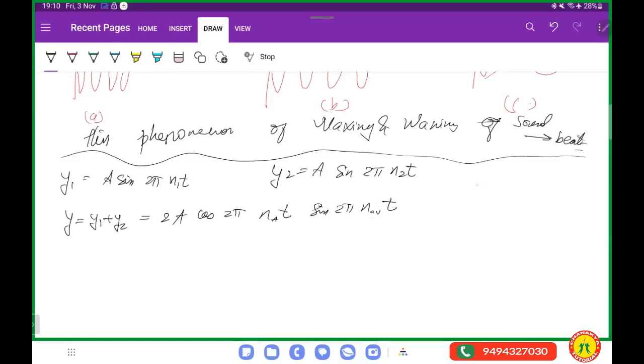So for finding n, it is n1 minus n2 by 2, and n average is n1 plus n2 by 2.